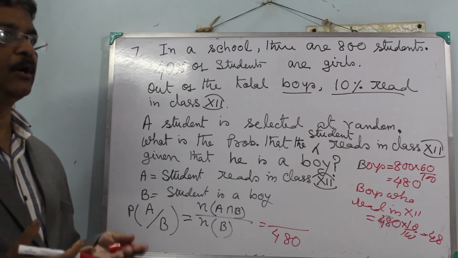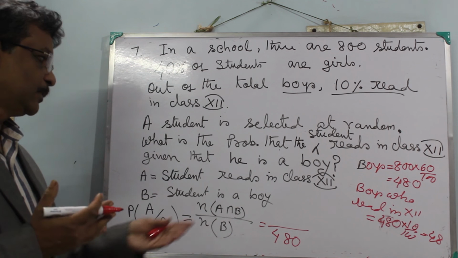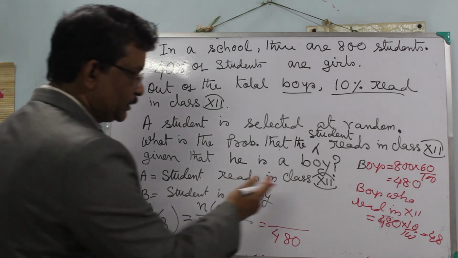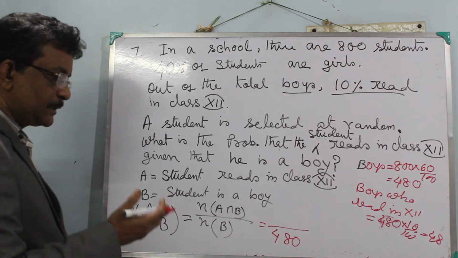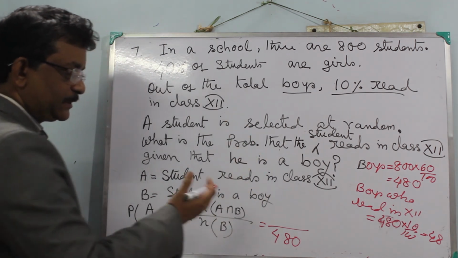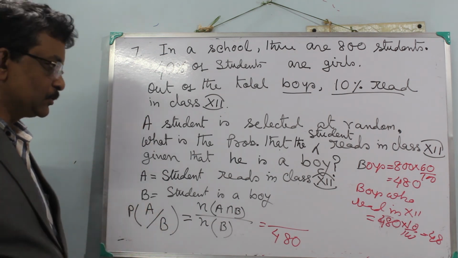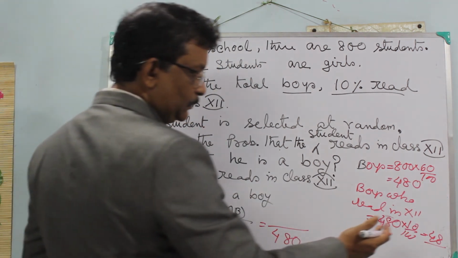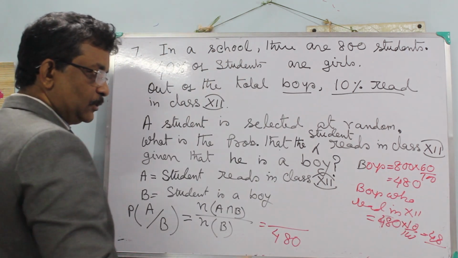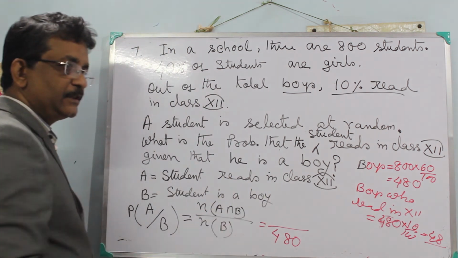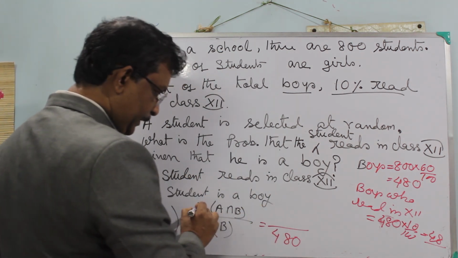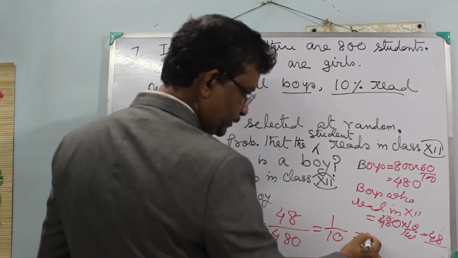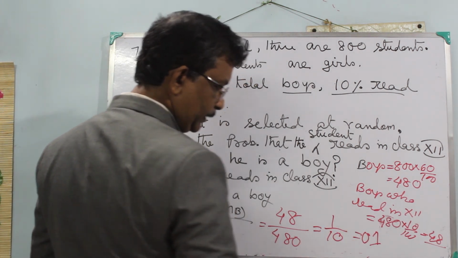So the intersection is boys who read in class 12. 48 is the number of boys who read in class 12. So the numerator N of A intersection B is 48. So the probability is 1 by 10, or you can say 0.1.